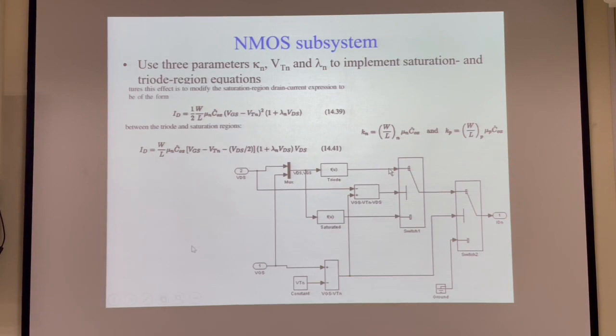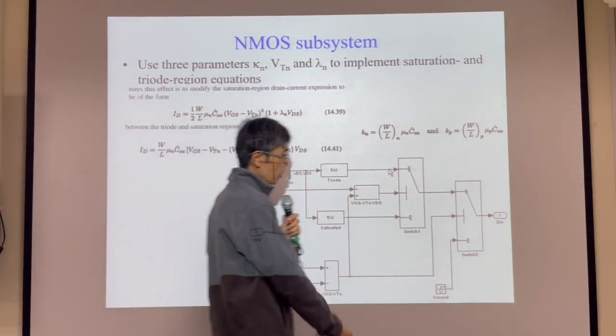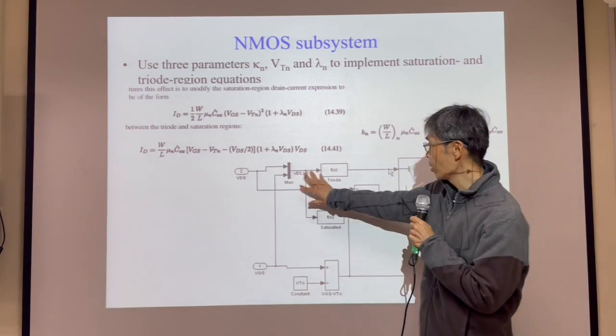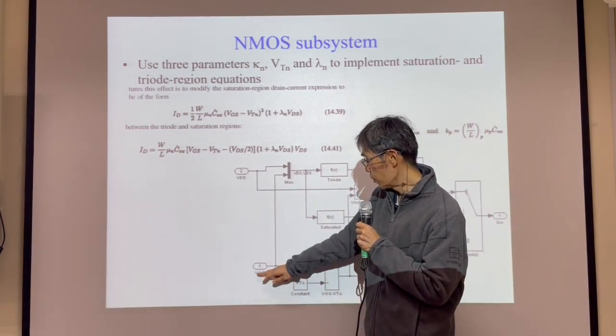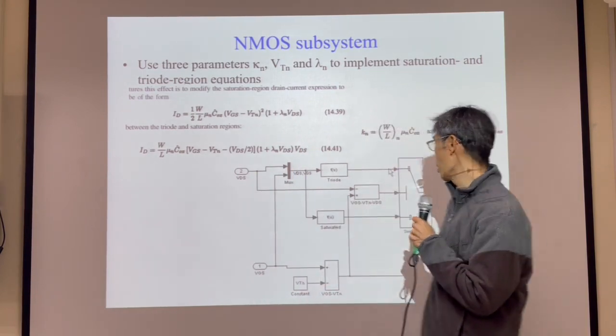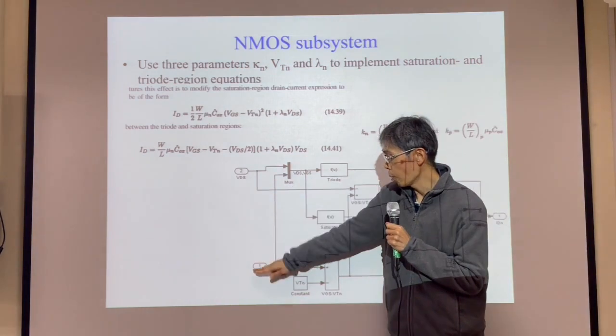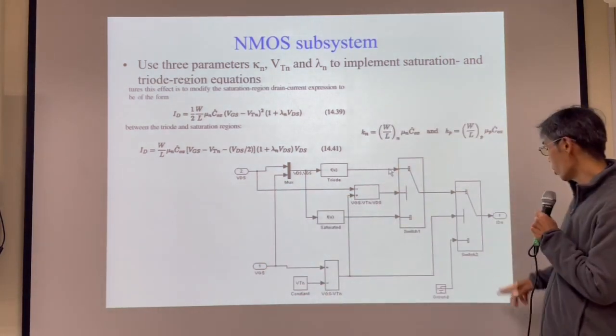But before we do that, remember we need to have a PMOS subsystem and an NMOS subsystem. So this is the NMOS subsystem. For NMOS, remember we have VGS and VDS, the two inputs, and the one output is IDN. So input ports 1, 2, and the output port.